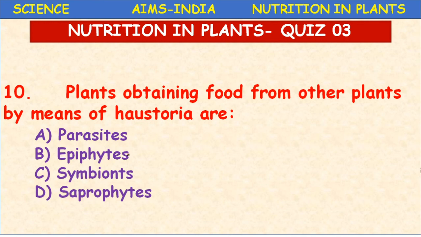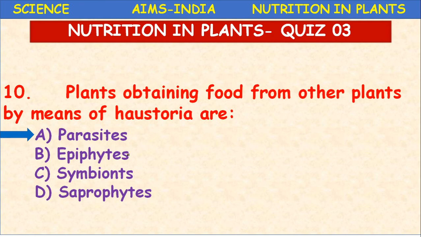Such plants which develop haustoria are called, yes, you are right, parasites. Parasitic plants possess special roots called haustoria. They are not true roots, but the function is similar, to absorb nutrients.